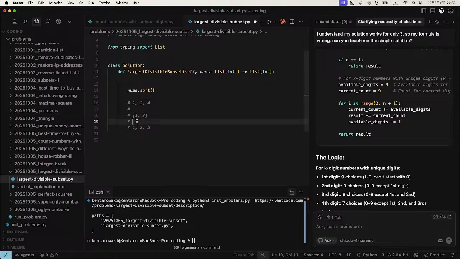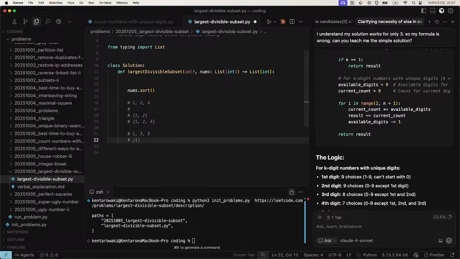So we just check the largest element. 4 is divisible by 2, so we can update the subset like this.